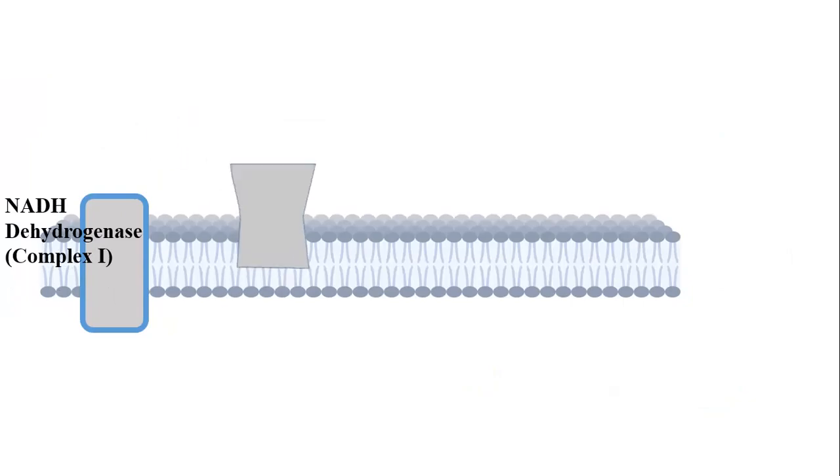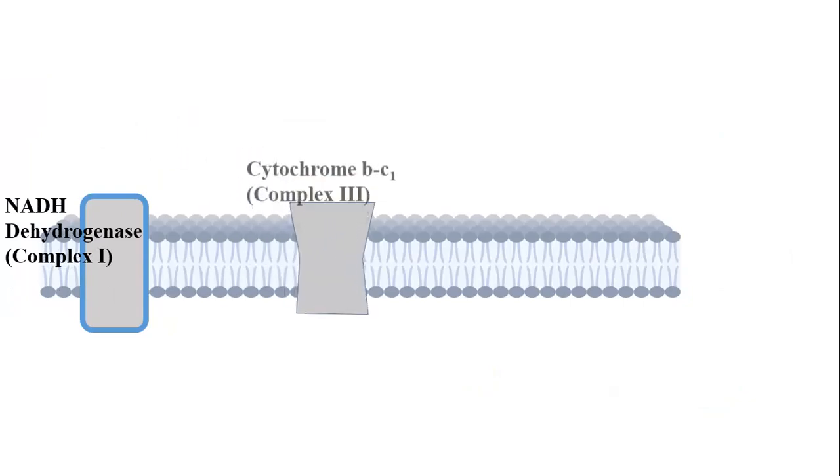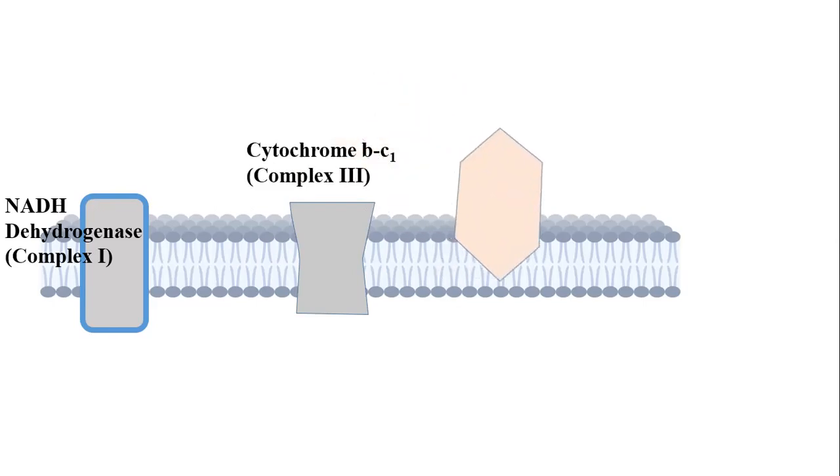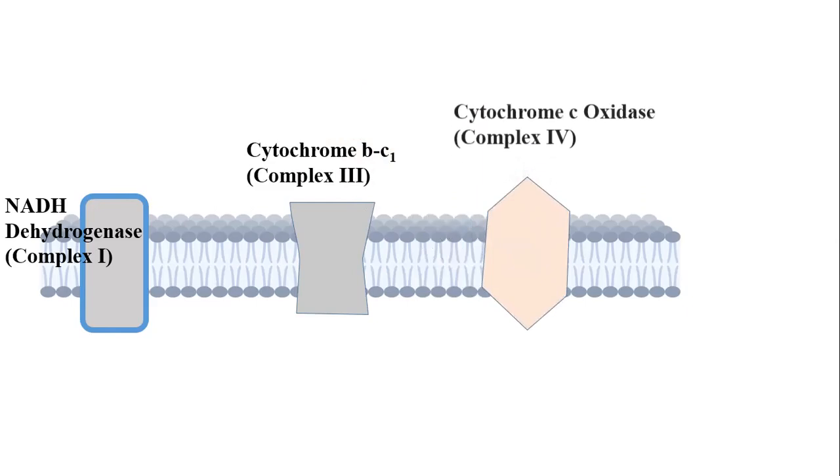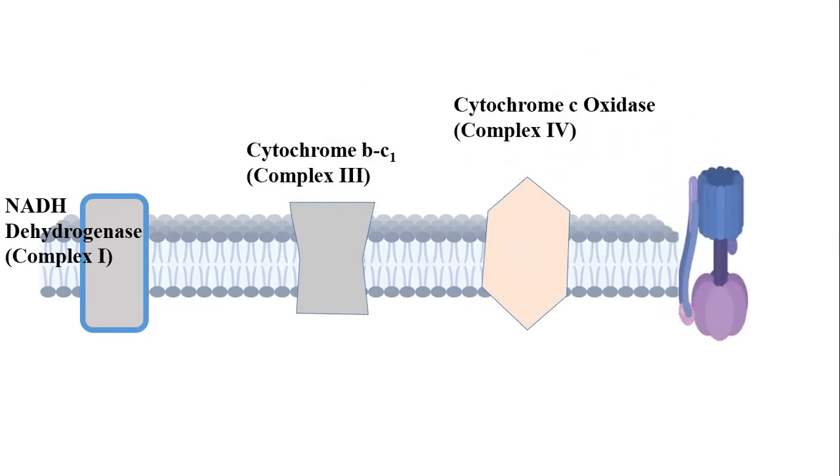We have another complex referred to as complex 3, and it's called the cytochrome BC1 complex. And we also have complex 4, which is referred to as the cytochrome C oxidase. Okay, we have the ATP synthase, which is involved in the synthesis of ATP from ADP.